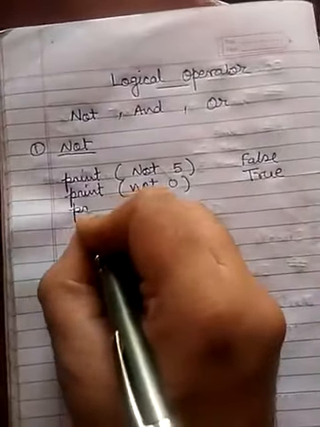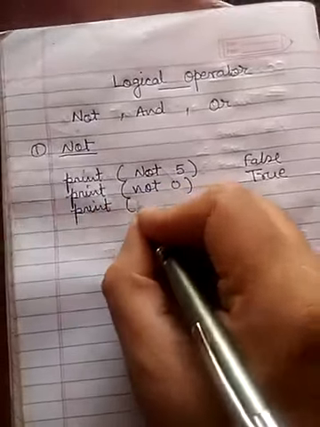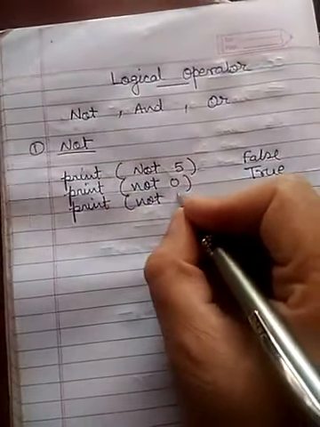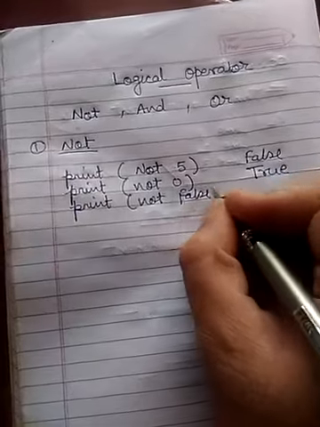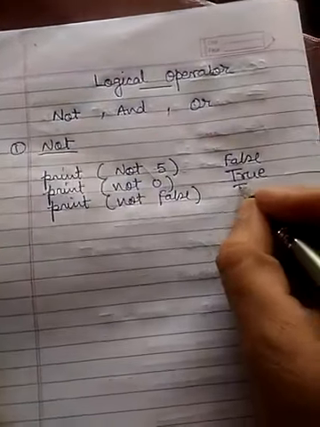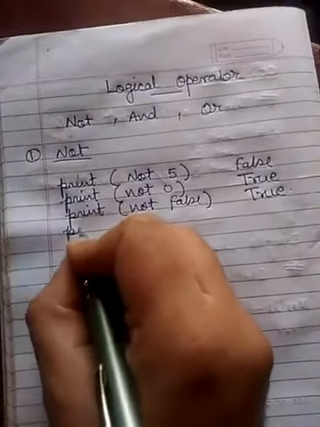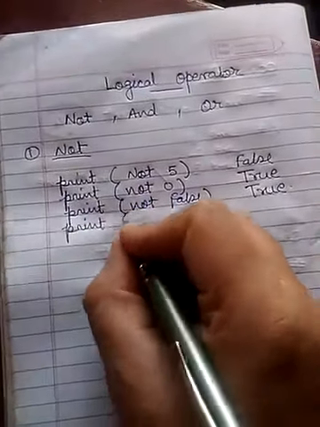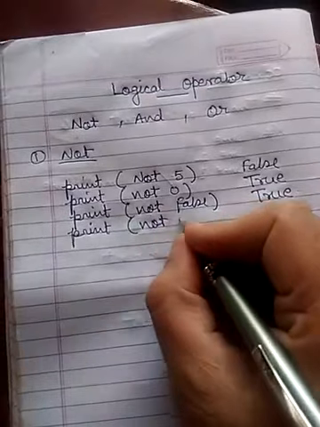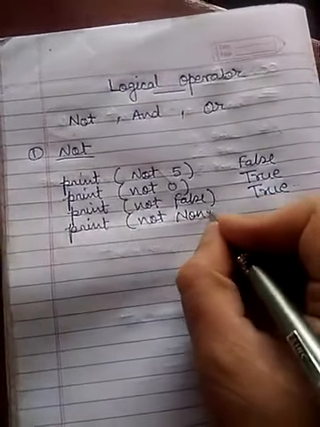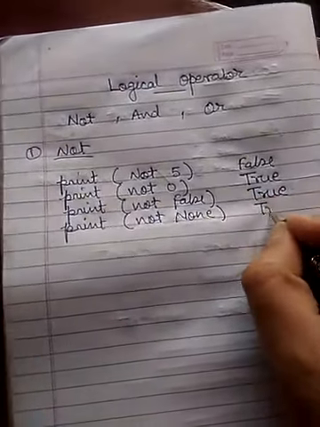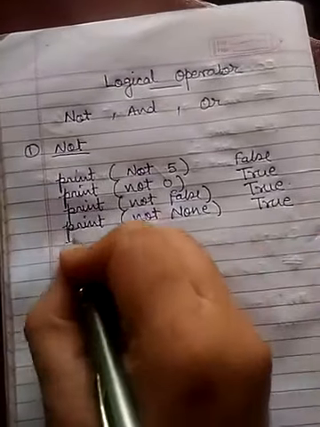If I write print not of false, you will get true. Print not of none, again you will get output true.